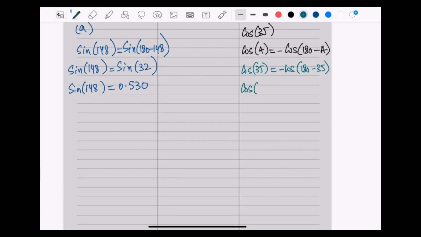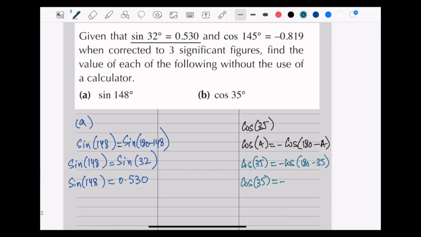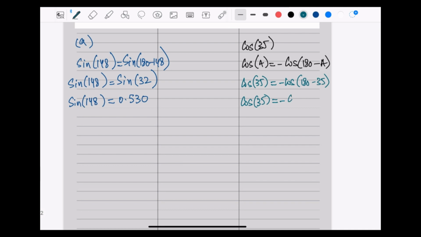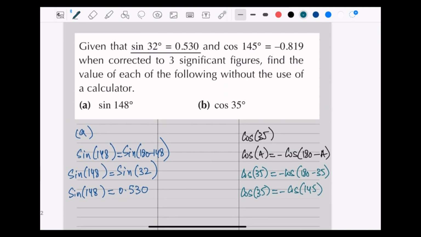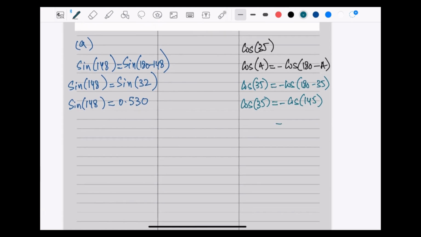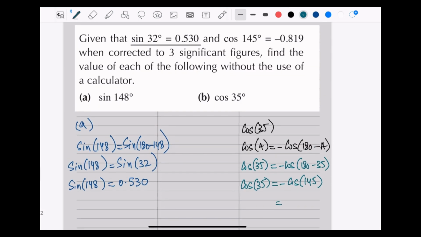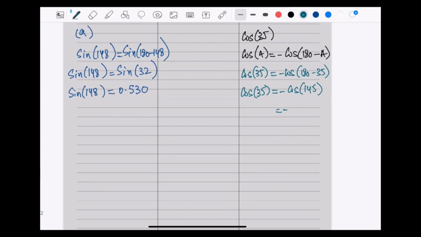So when you subtract 180 minus 35, it gives you negative cos of 145, and cos of 145 is negative 0.819. So negative 0.819, which gives you a positive 0.819.